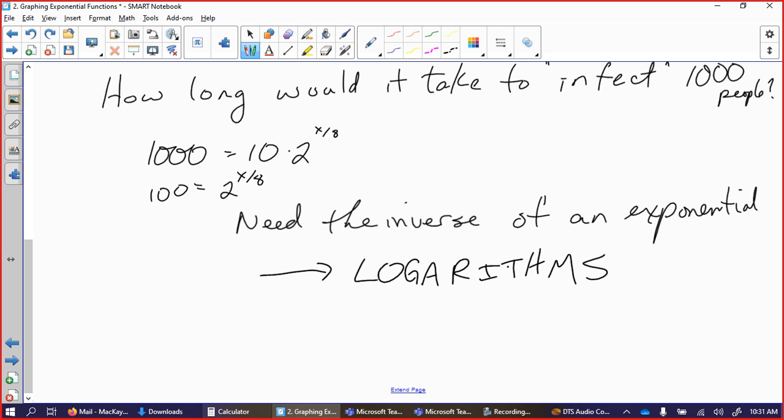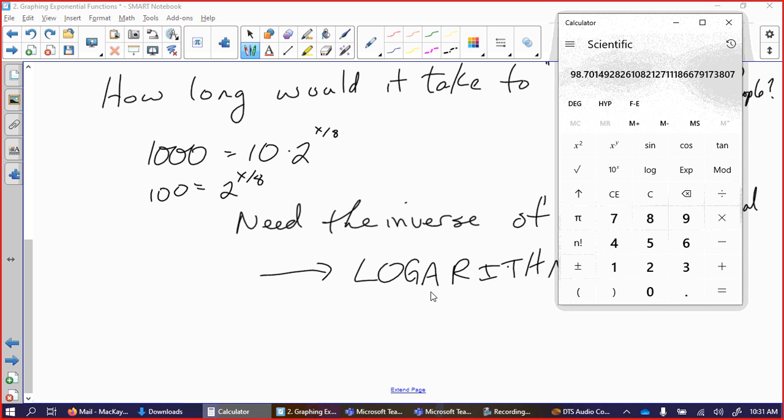Logarithms, and that's what we'll pick up on Wednesday. A logarithm is the inverse of an exponential function. You see the button on your calculator: log. And there's another one called ln, the natural logarithm.